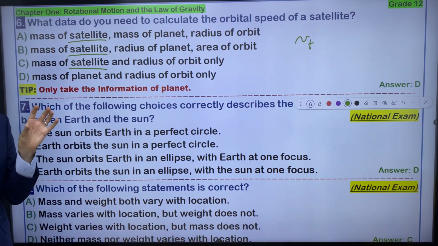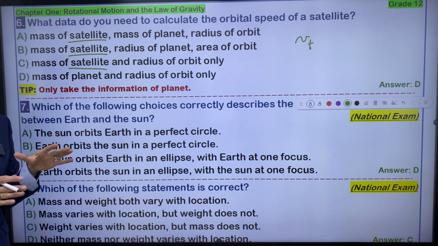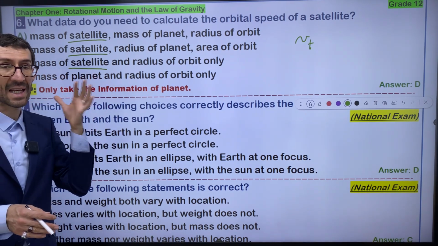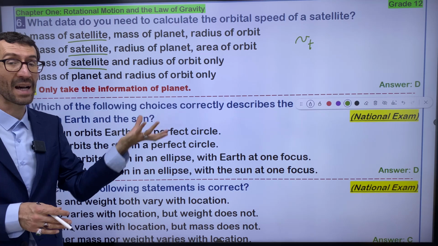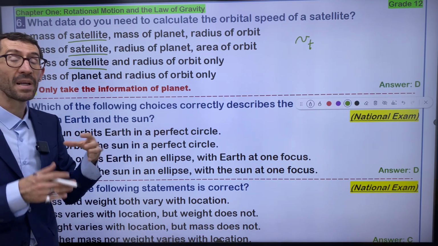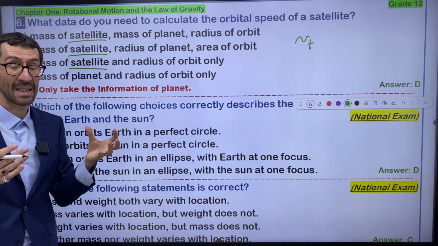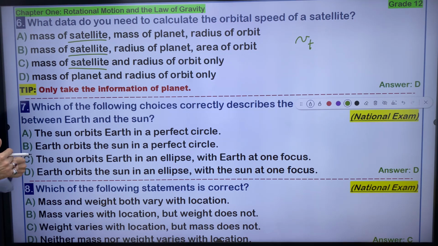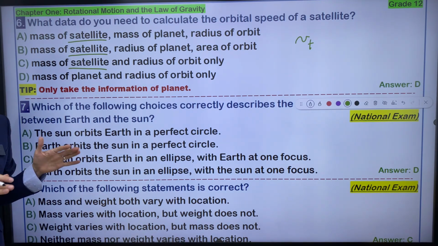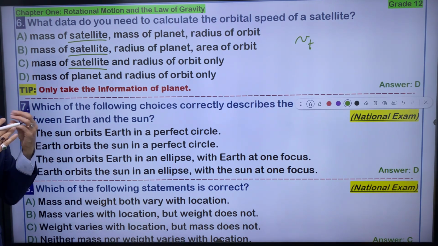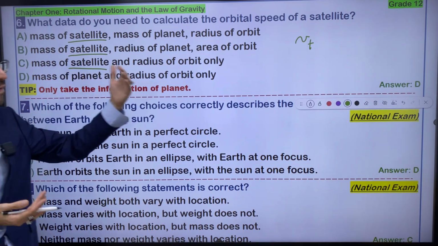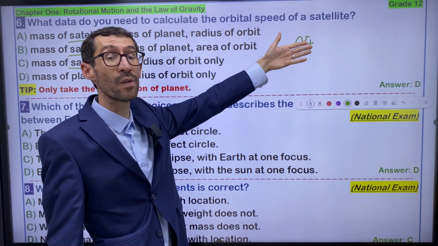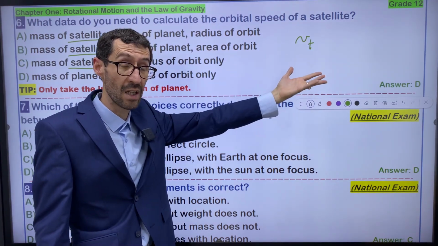Focus on the information of the planet only, because the mass of the satellite is nothing compared to the mass of the planet, because the planet is an enormous, huge object. That's why the mass of the satellite is negligible for finding the velocity, even the velocity of the satellite itself, right?